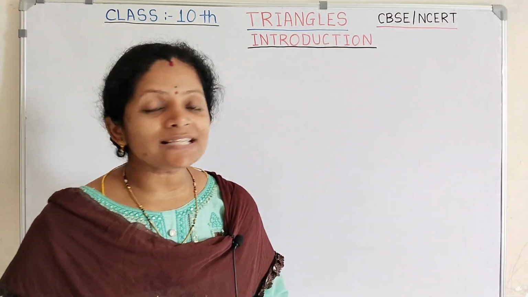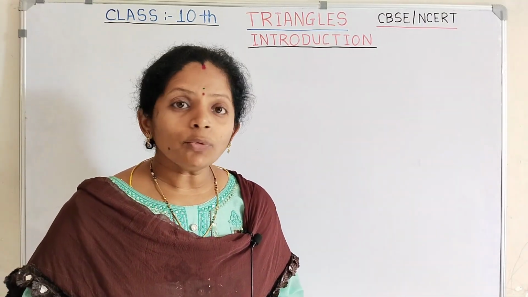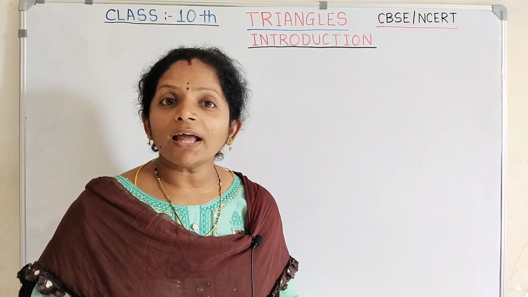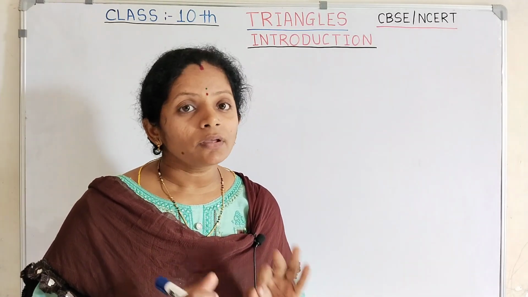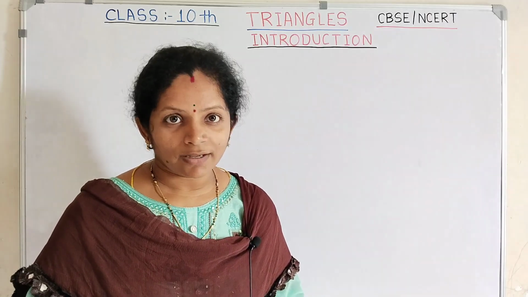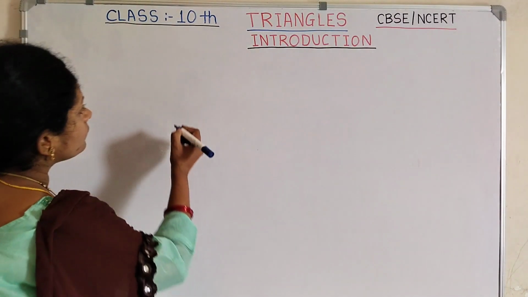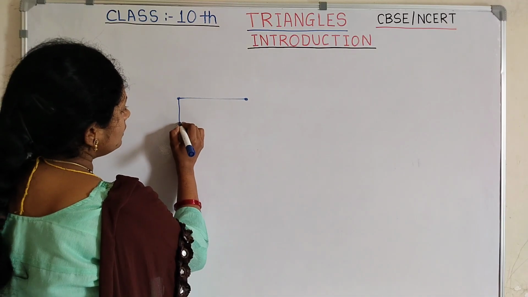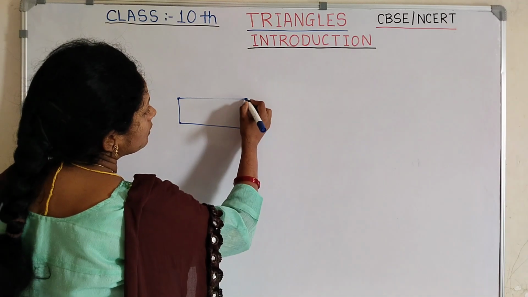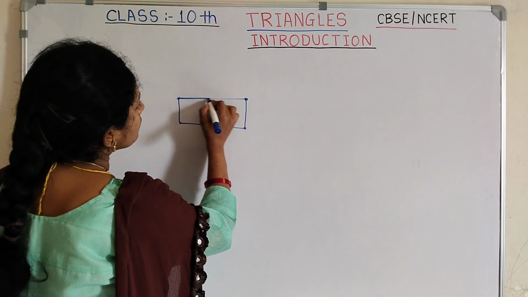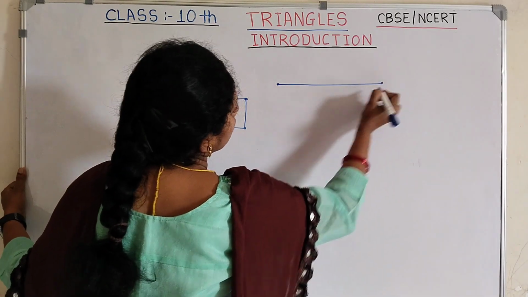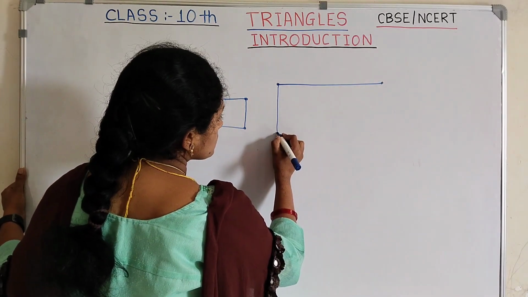By this, we can say that two objects are said to be similar if they have the same number of sides. For example, there is a rectangle. Here, one more rectangle we draw.